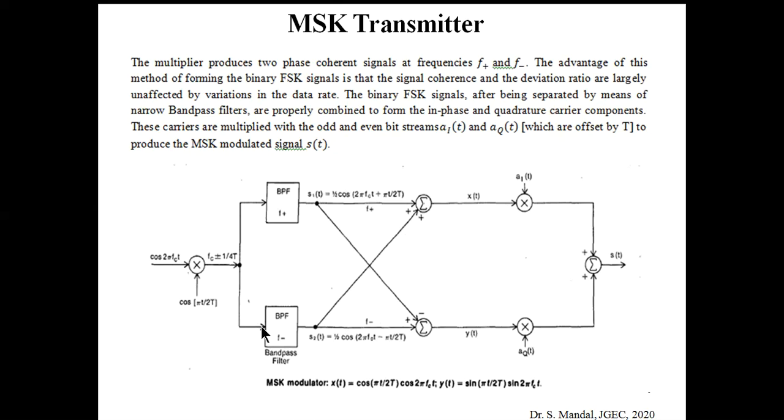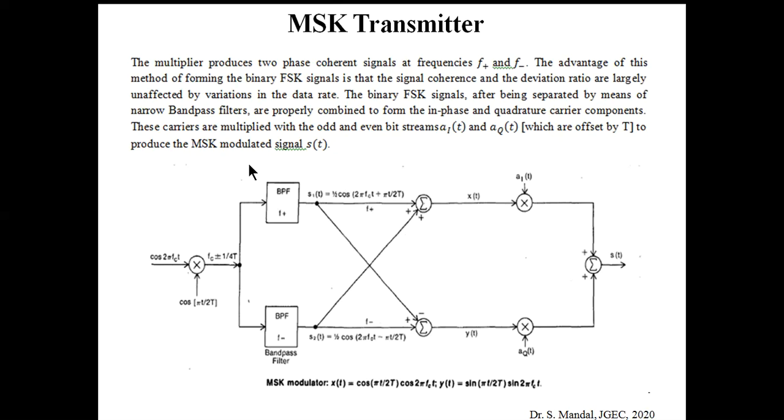Initially we are using a multiplier where there are two inputs, cos(2 pi fc t) and cos(pi t by 2T). By using this multiplier, there will be two frequency components, fc plus 1 by 4T and fc minus 1 by 4T. That means higher frequency f plus and lower frequency f minus.